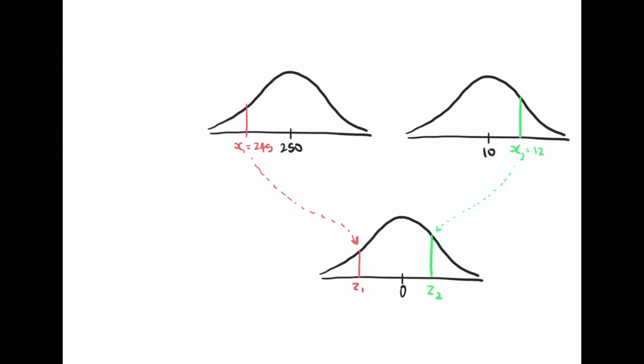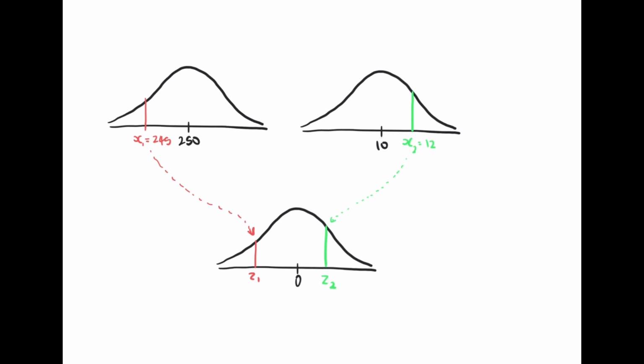Because every normal distribution becomes the same standard normal distribution after this transformation, we only need one universal table of probabilities. This means that instead of calculating probabilities from scratch for every different distribution, we can simply use the Z values to look up the corresponding probability in the standard normal table.